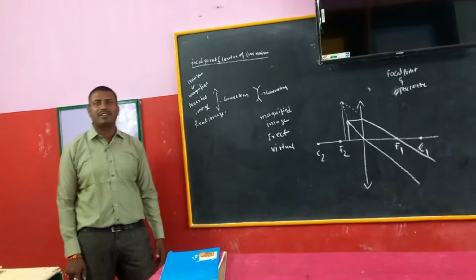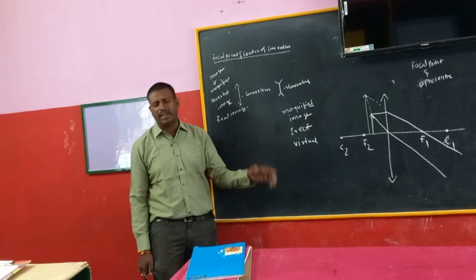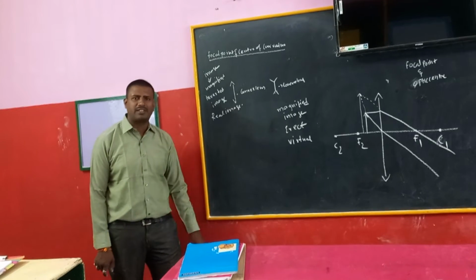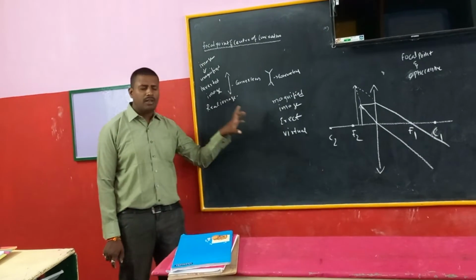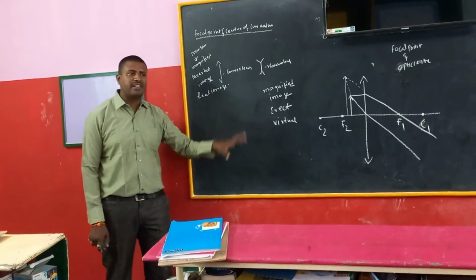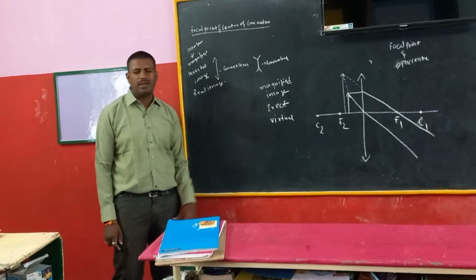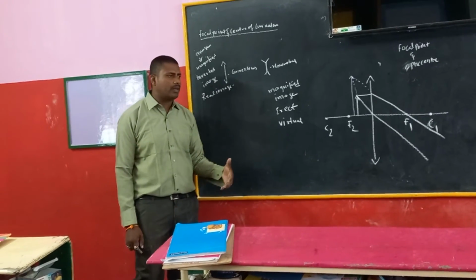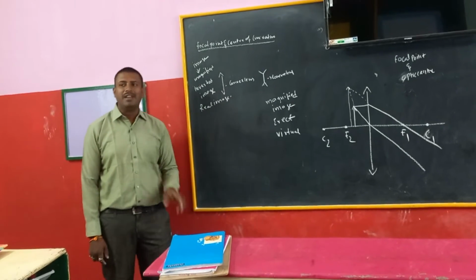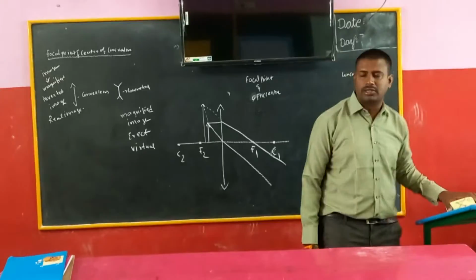Sometimes in the examinations they will ask you to appreciate the role of convex lens, and you can clearly write that if the object is placed between focal point and optic center, if we are looking through the convex lens, then definitely the image is a magnified image. That principle is used in the microscope. Normally everybody knows the importance of the microscope. Some of the things which cannot be seen with our naked eye can be seen with the help of a microscope, which can magnify up to 10,000 times.